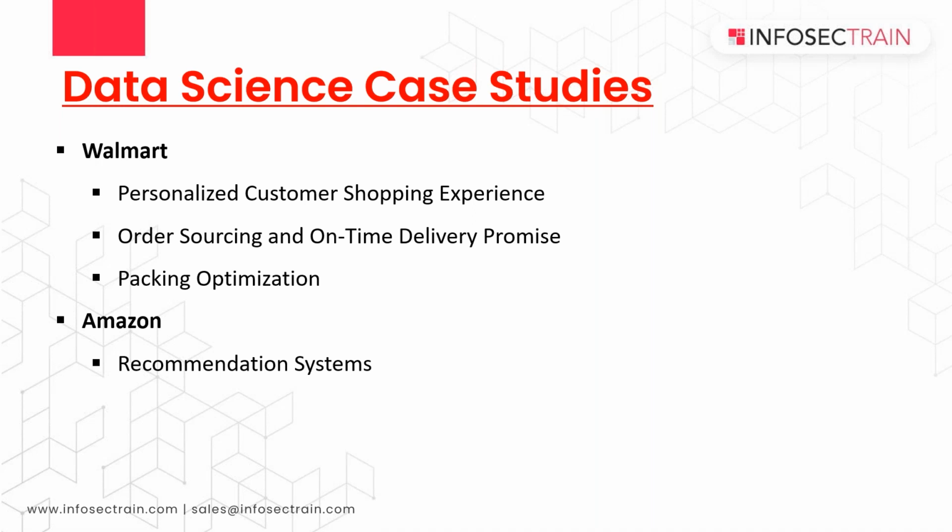For that, Amazon is able to generate 35% of its annual sales using just the recommendation-based system, right? That is the power of data science algorithms.